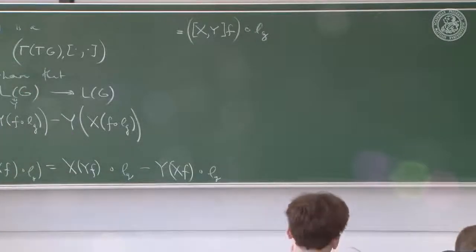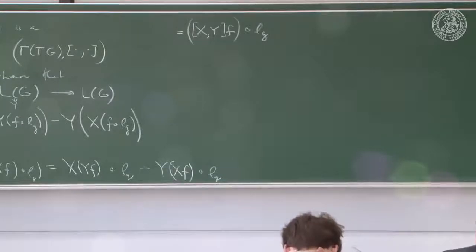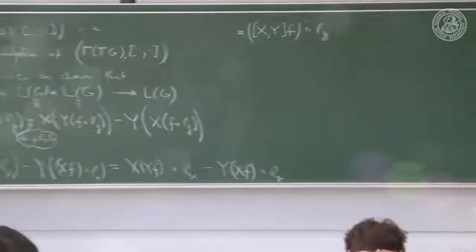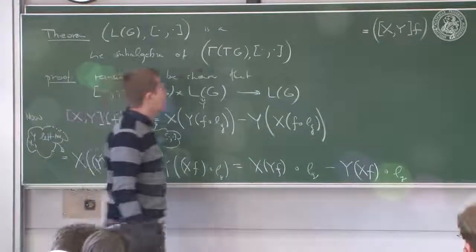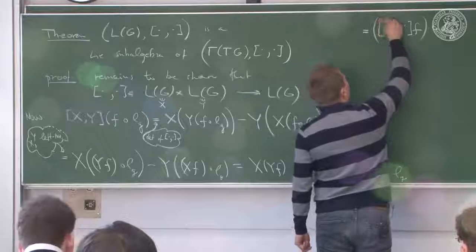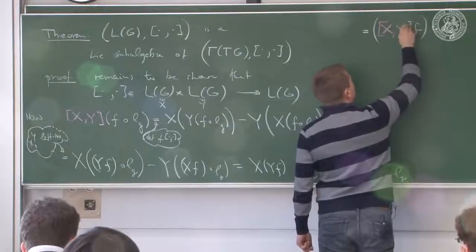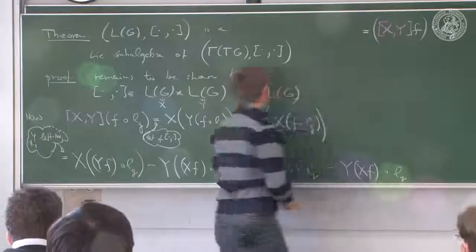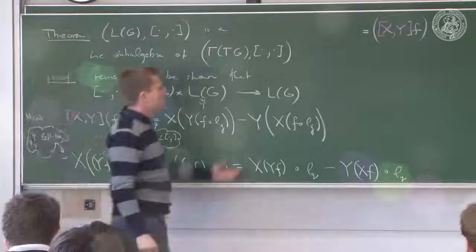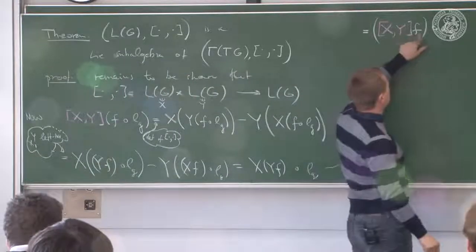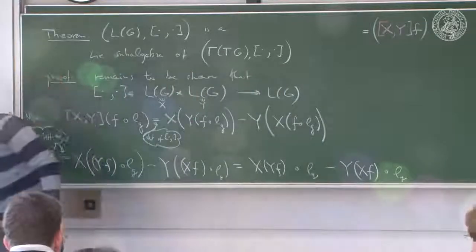But this is precisely one of the conditions, namely the third condition, the third alternative reformulation of what characterizes a left invariant vector field, namely that you can let it act on f after a left translation, and that's the same as letting it act on f and only then composing with the left translation.